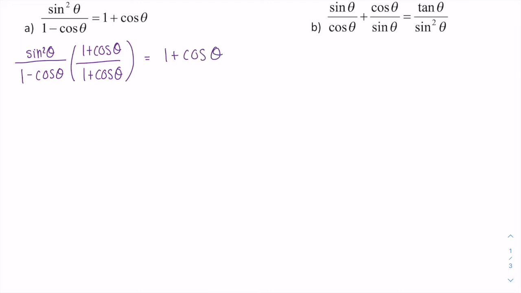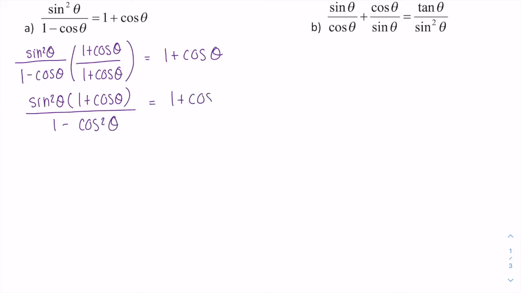So now if I multiply that, I will have sine squared theta times 1 plus cosine theta in the numerator. And in the denominator, I have 1 minus cosine theta being multiplied by 1 plus cosine theta. So that is just our difference of squares. So that would simplify to 1 minus cosine squared theta.